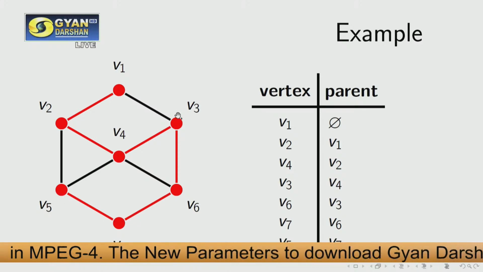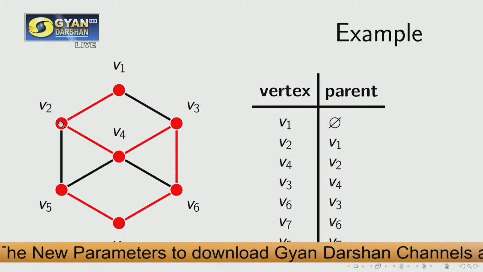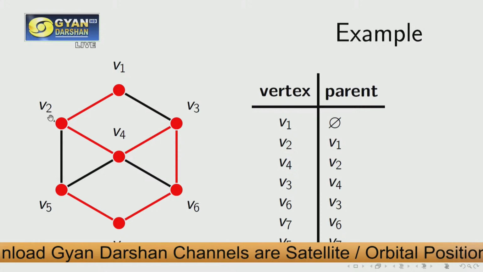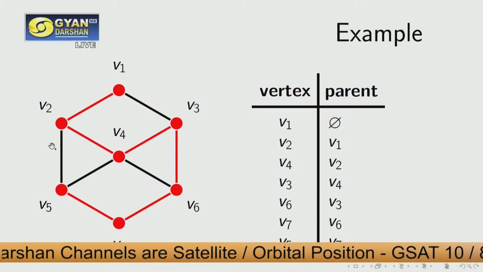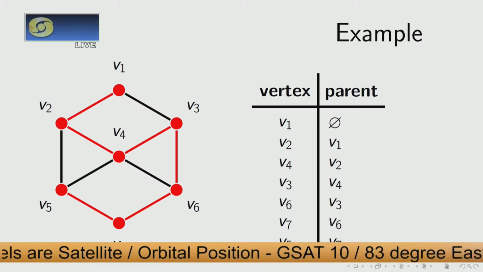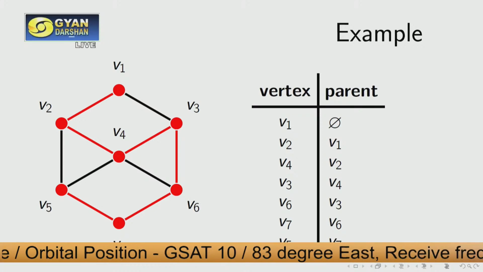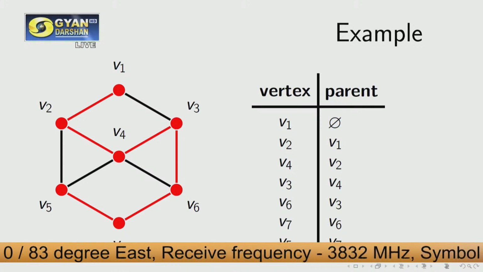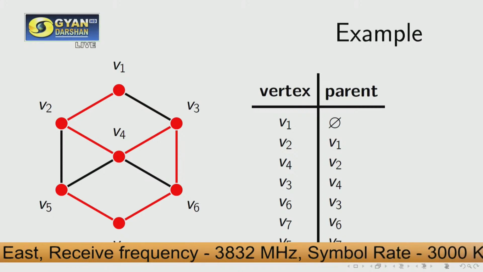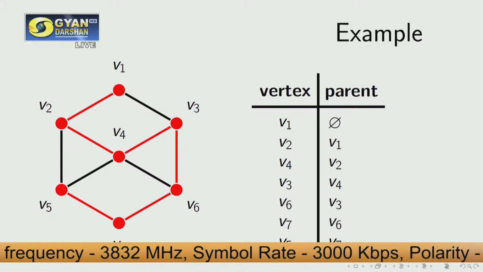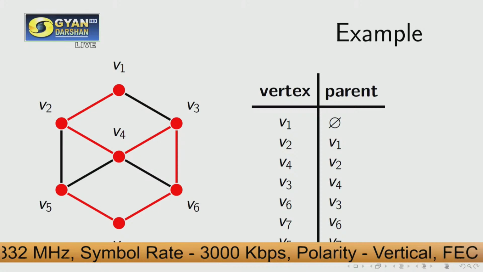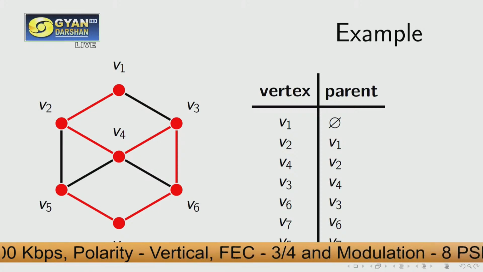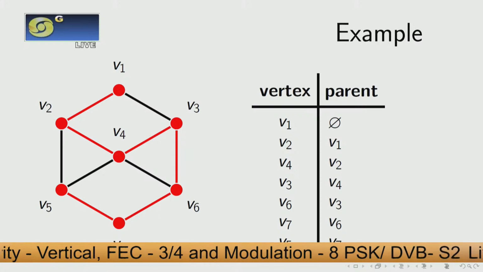All this information can be used to get this path, and this path is then added with the edge V2V5 to give us the fundamental cycle of V2V5. Similarly, you can compute the fundamental cycle of V4V5 and the edge V4V6. So we can see that it is very easy to compute the fundamental cycles.